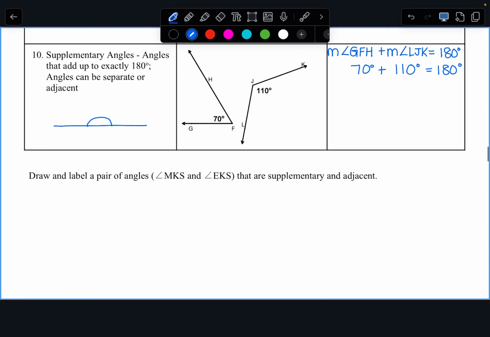So last part. We want to draw and label a pair of angles that are supplementary and adjacent. What does the word supplementary mean?